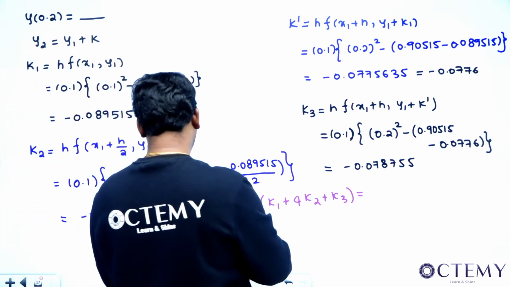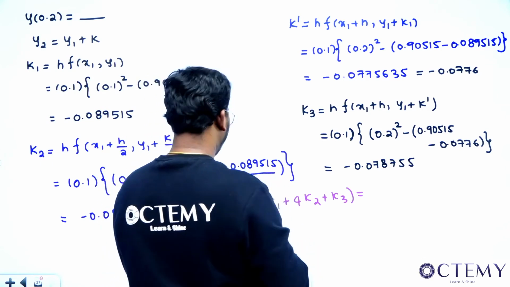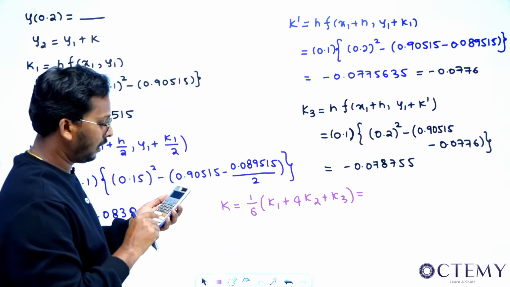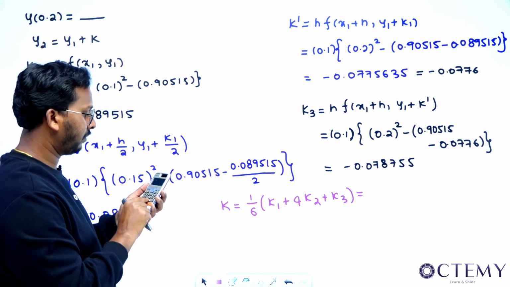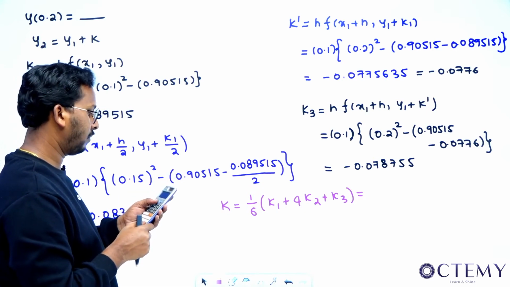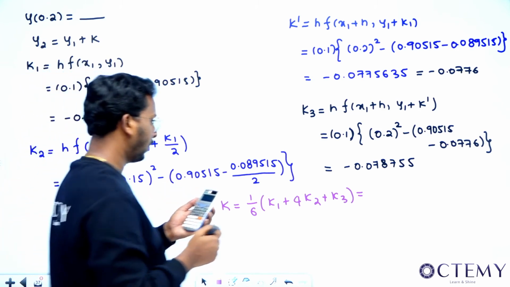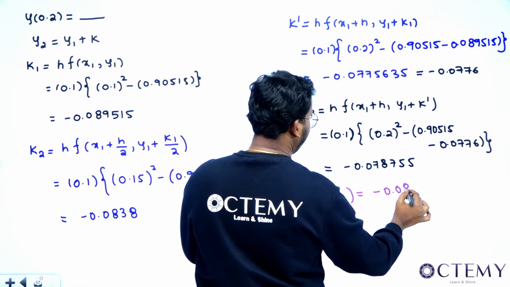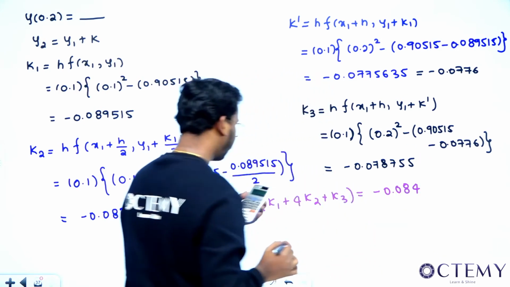Minus 0.0838 plus K3. What is K3, sir? K3 is minus 0.078755. This whole divided by 6. You are getting it as minus 0.083911. So you can write it as 4, sir, roughly.